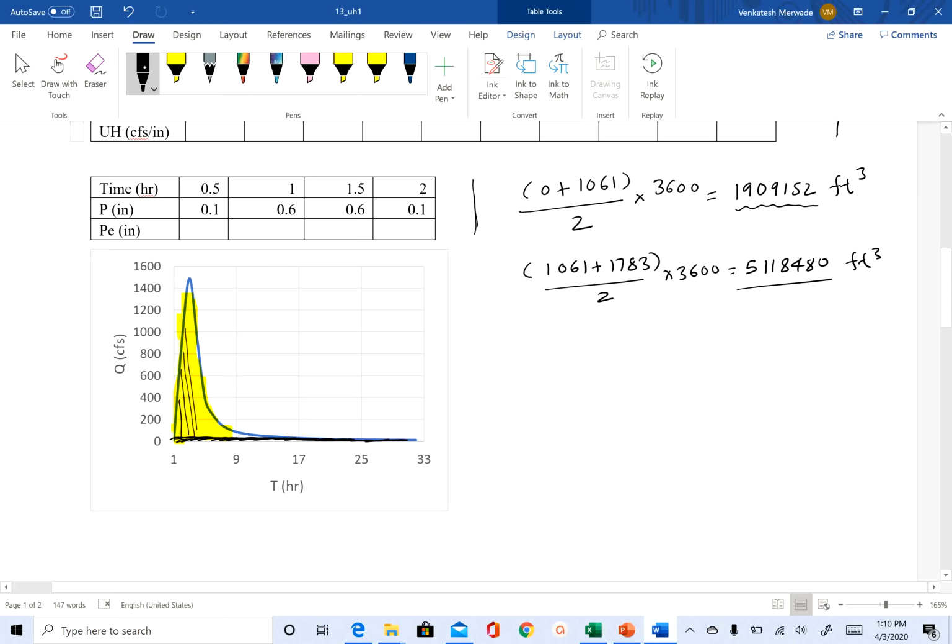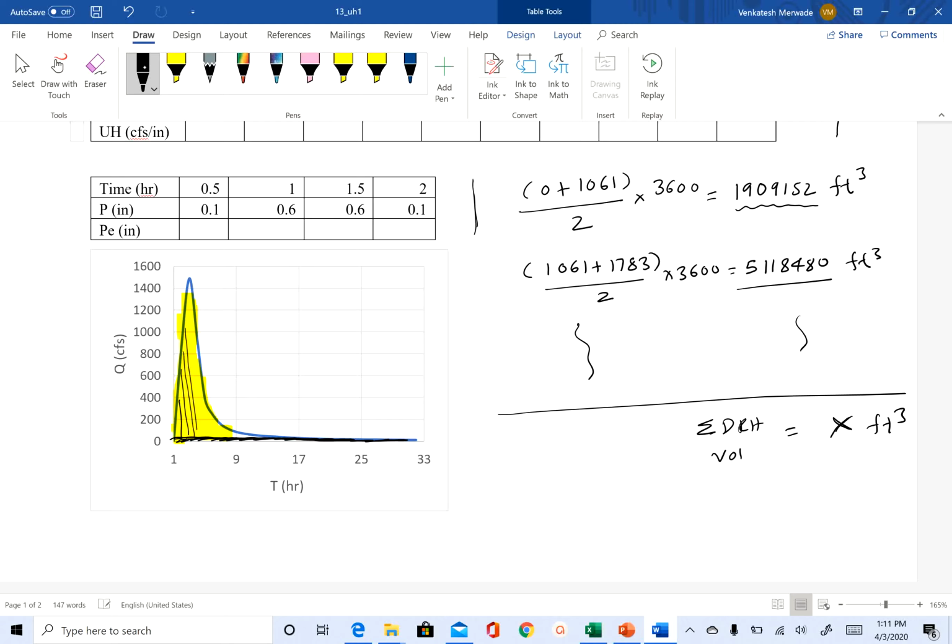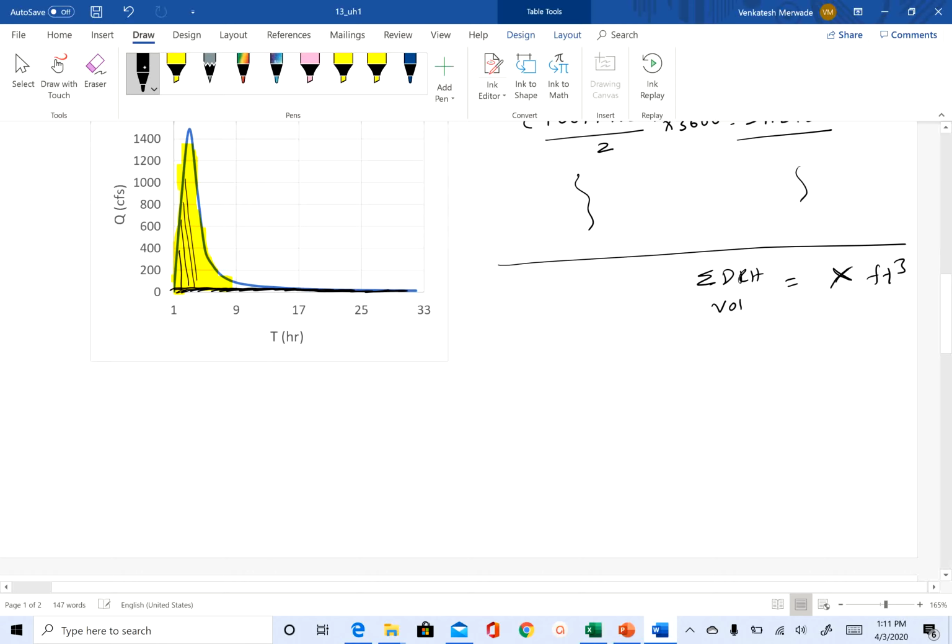Once you do all that, you get the sum of your DRH volume, and let's say that number is X cubic feet, and you divide the X cubic feet by the area of the watershed. So DRH depth is the DRH volume, summation of all those values, divided by area.